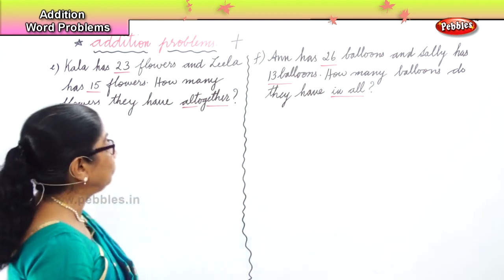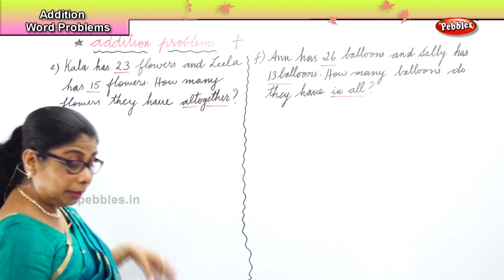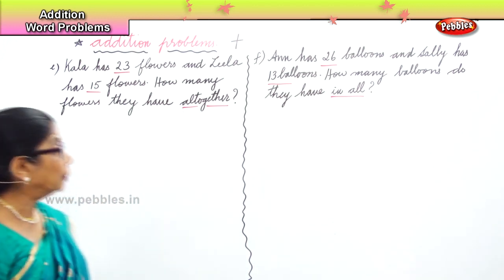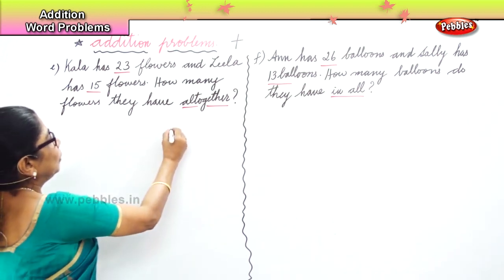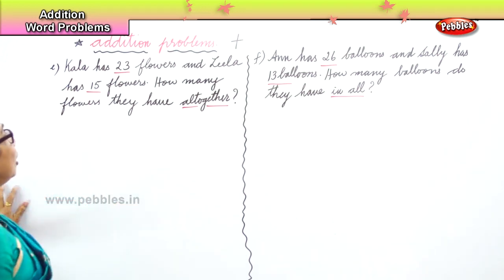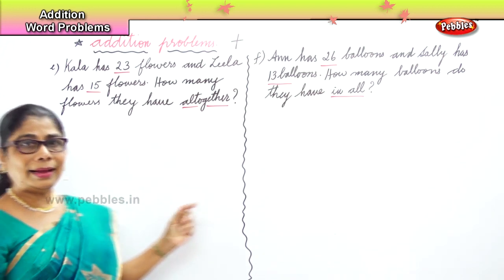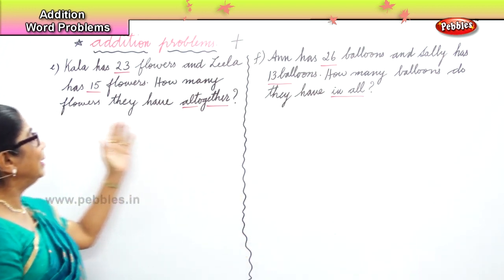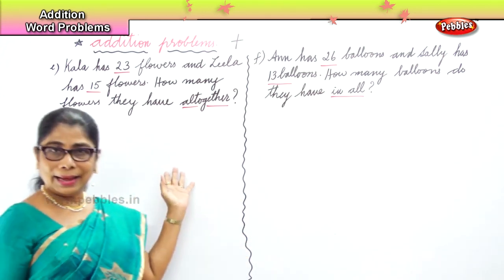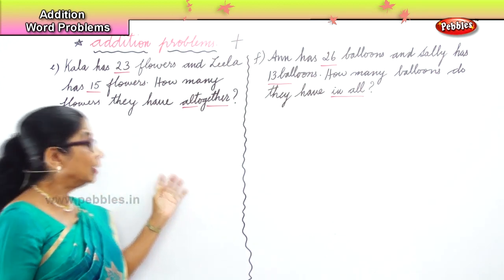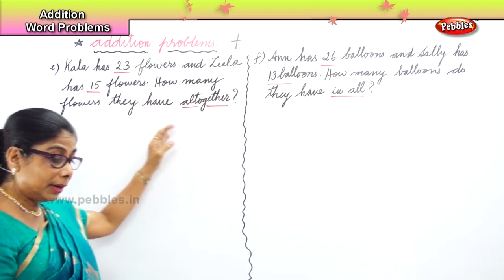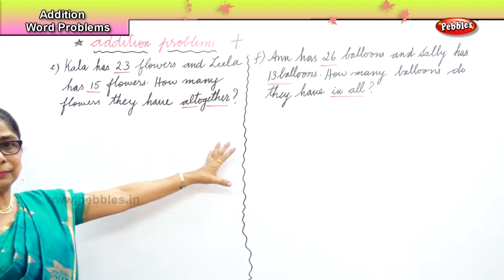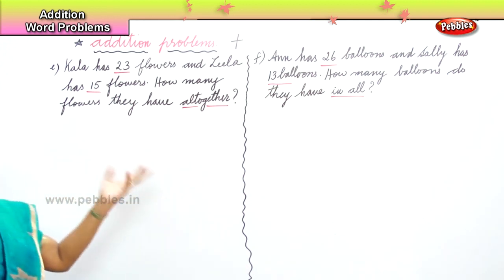Now we come to the statement. Okay? Now, first one, what will you write? Number of flowers Kala has. And then number of flowers Leela has. And the next one, total number of flowers altogether, or number of flowers altogether.